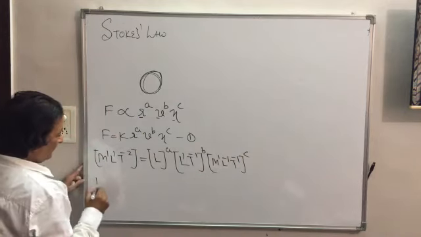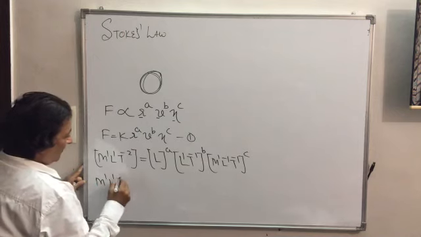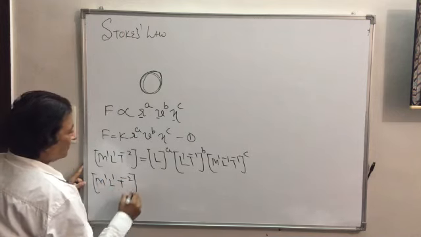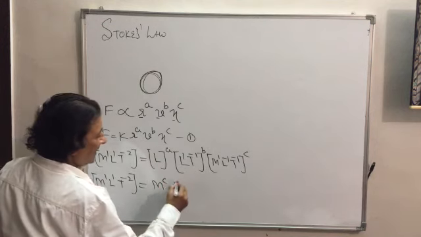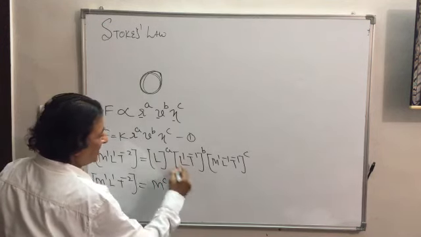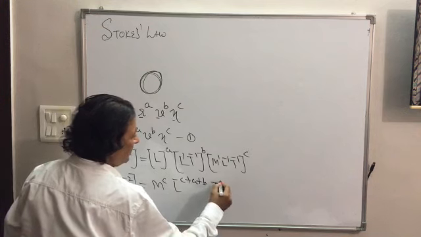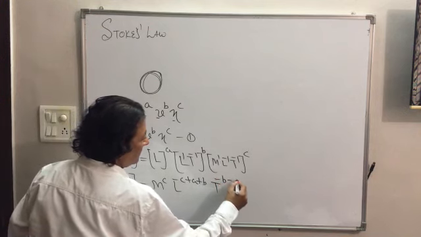Now, M1 L1 T minus 2 equals M to the power C, L to the power minus C plus A plus B, time to the power minus B minus C.